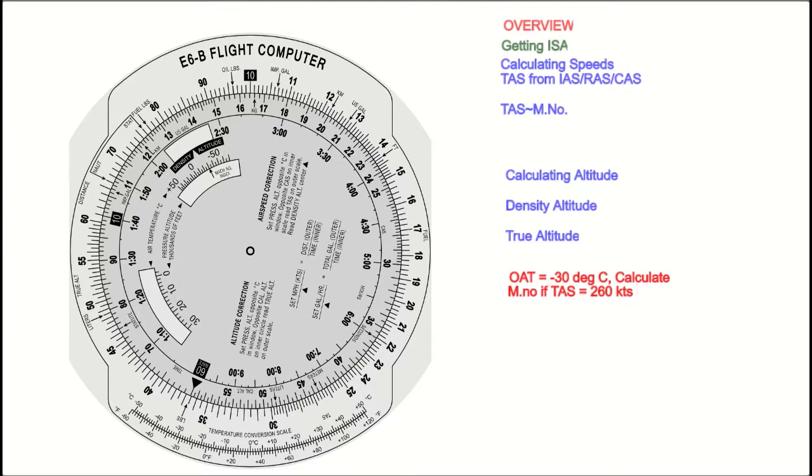I go to 260, I find 250, 60, 70, 80, 90, 300. So this is 60, right? 60 is here. So Mach number is 0.4 and this point, so this is 41, 42, 43, 44, 45, 41, 42. So Mach number is 0.425.